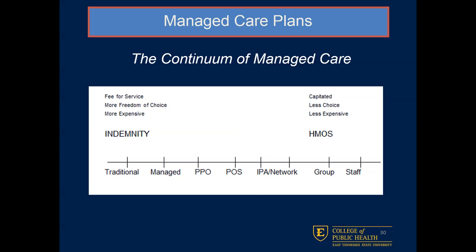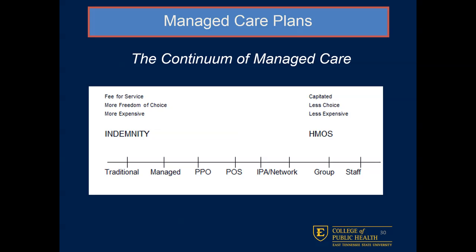So what I have here is your continuum of managed care, and this is really to show you how the plans relate to each other, and where they sit on this scale from the more capitated reimbursement method. Remember, we said that can be found under managed care plans, but you can also see fee-for-service reimbursement methods under managed care plans, and to show you where everything sits.